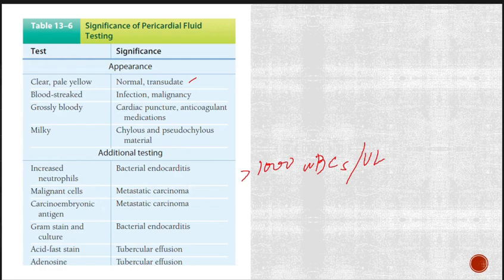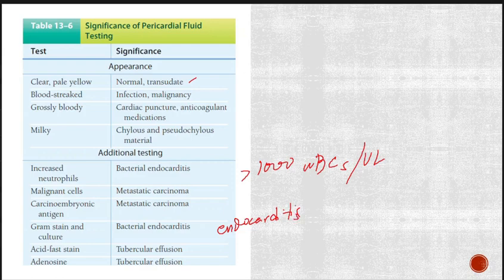Okay. Also, carcinoembryonic antigen due to cancer. Okay, so, we can do gram staining and culture when endocarditis is suspected. Okay. So, acid fast if suspected si TB, tuberculosis, as well as adenosine deaminase if suspected na tubercular effusion.